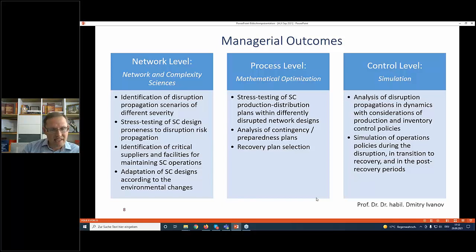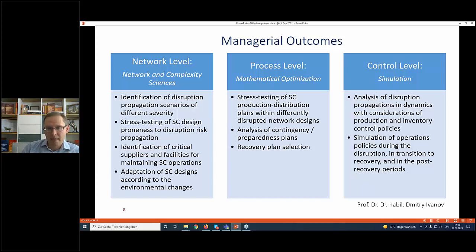We can make stress testing of supply chain design, say structural design, to avoid disruption risk propagation. We can also identify critical suppliers and critical facilities in the network, which are of utmost importance for maintaining supply chain operations. And we can also analyze adaptations of supply chain designs according to changes in the environment of the system.